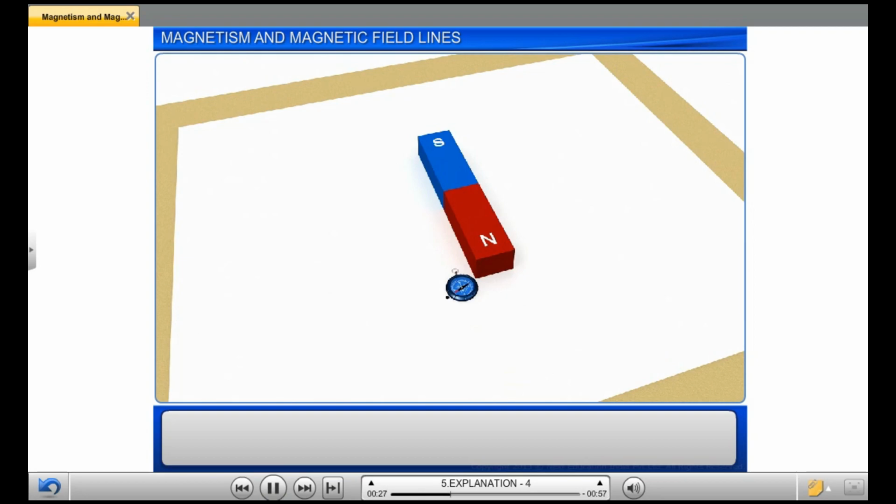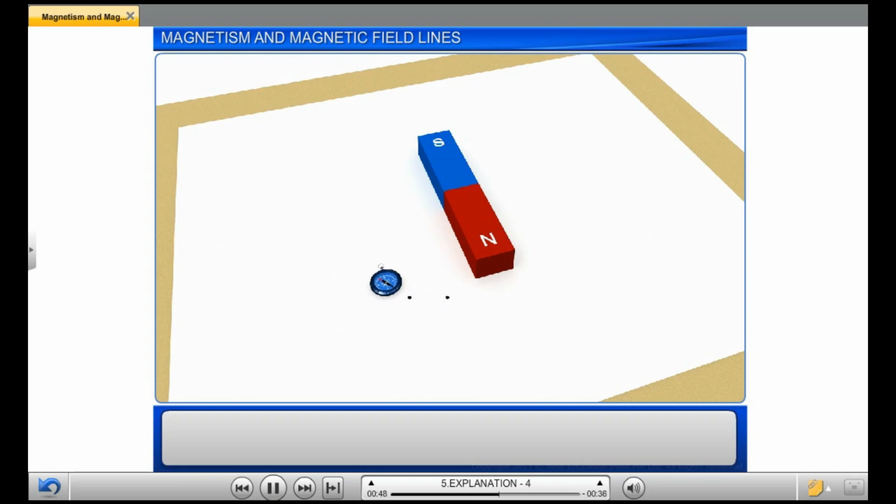Plot a point on the paper indicating north of the compass needle. Shift the compass such that the south of the compass needle is observed at the plotted point. Then, again plot another point at the north of the compass needle, and then shift the compass as done earlier.